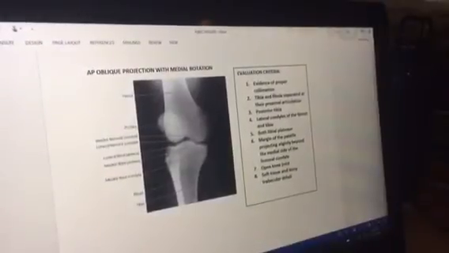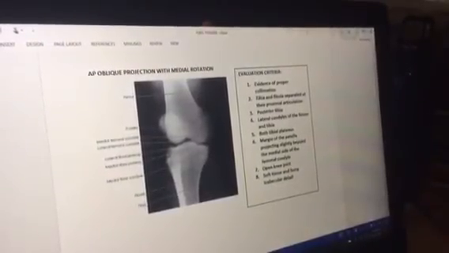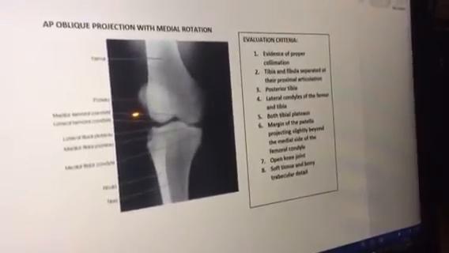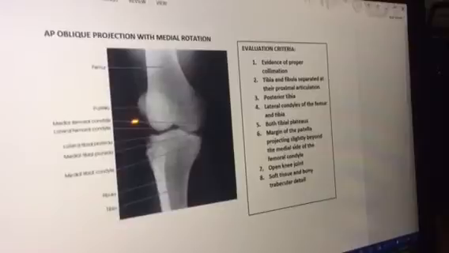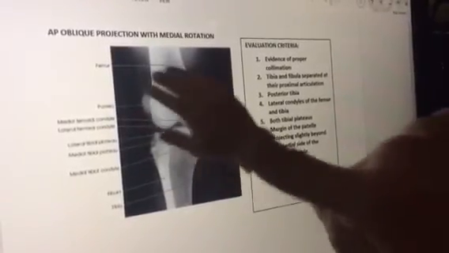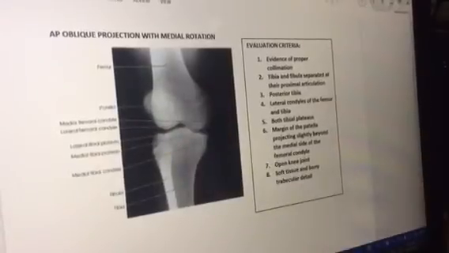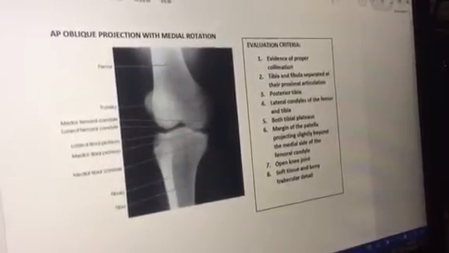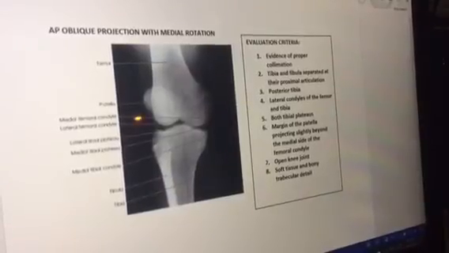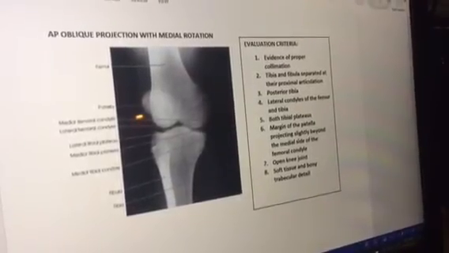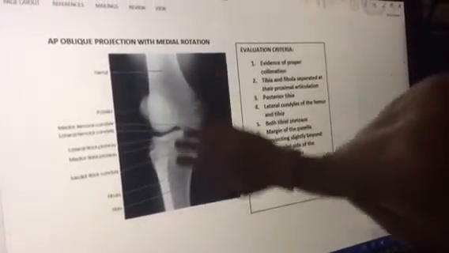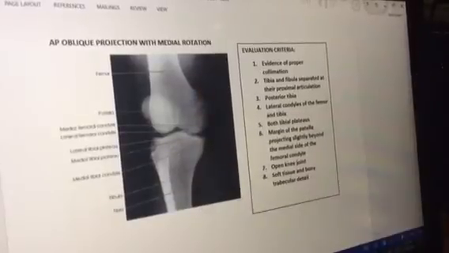Next, we have the AP oblique projection of the knee with medial rotation. One of the best ways to see whether this is an internal or external rotation is to look at the patella. As you can see, the patella is on the medial side of the femoral condyle. There's evidence of proper collimation. The tibia and fibula are separated at their proximal articulation, right here.